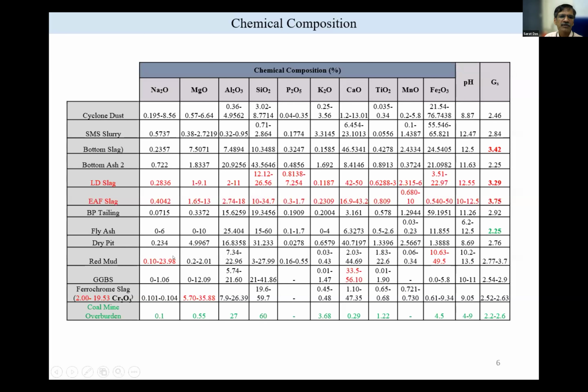Some of the chemicals of these industrial byproducts have a very imbalanced percentage of oxides, for which we are not able to accept them as a common geomaterial, which we come across as a civil engineer in general or geotechnical engineer in particular.